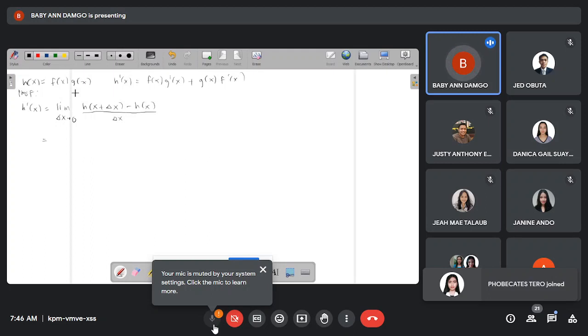So if you have h of x equal to f of x times g of x, then for h of x plus the change of x, you just substitute x class. So this is equal to f of x plus the change of x times g of x plus the change of x, minus h of x, so you copy f of x times g of x.